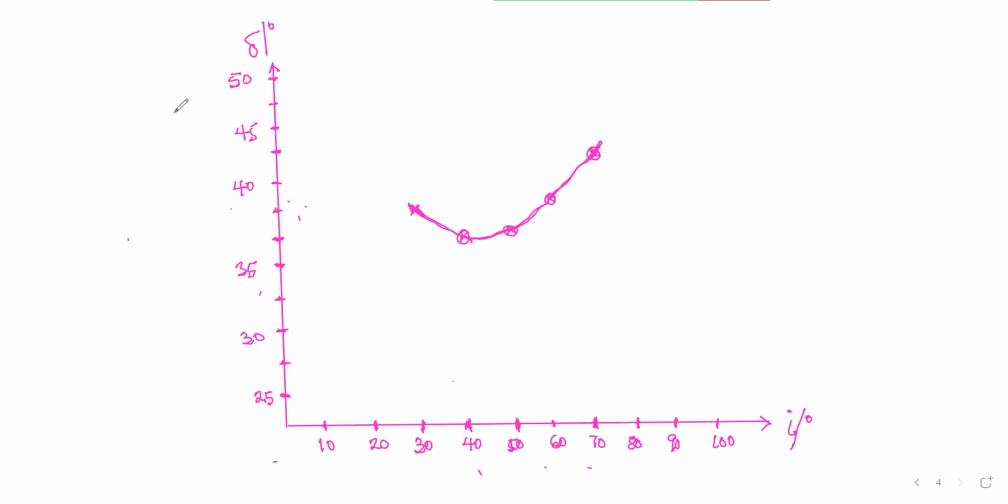What is the maximum value of deviation from the table of values? 50. Good. So 25, 30, meaning I'm making it 4 centimeters. Then 35, and 40 must be here.